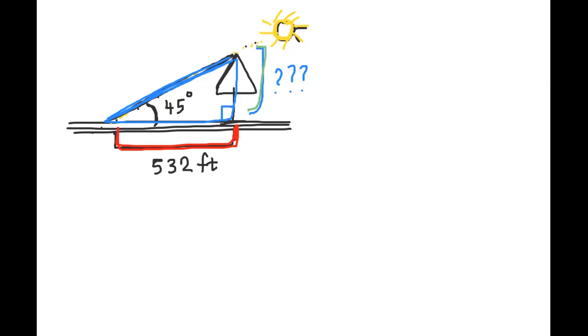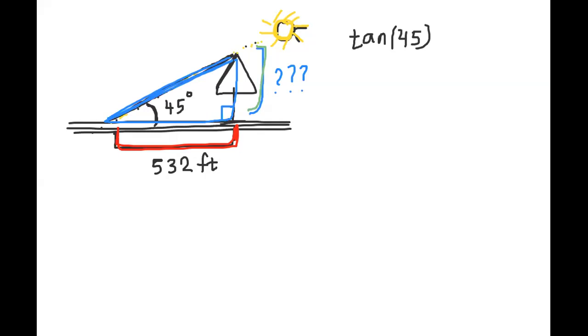So we already have the adjacent and we have the angle. So the best thing we can use here is the function tan of this angle, the 45. Why the tan?